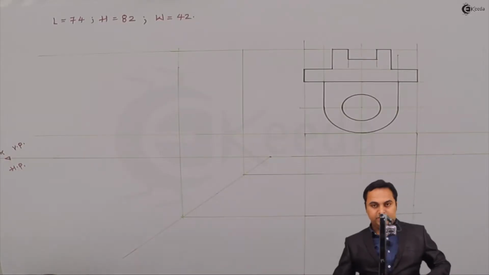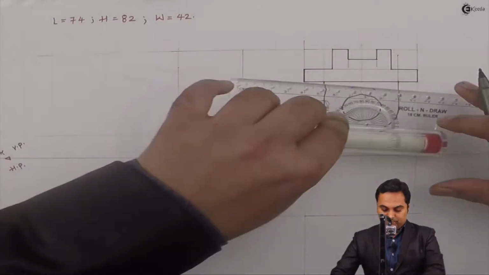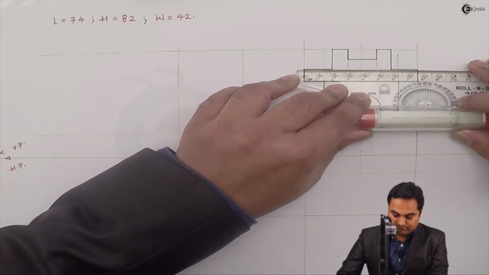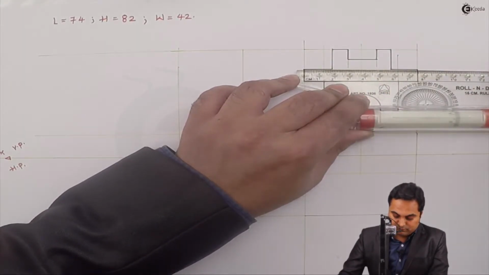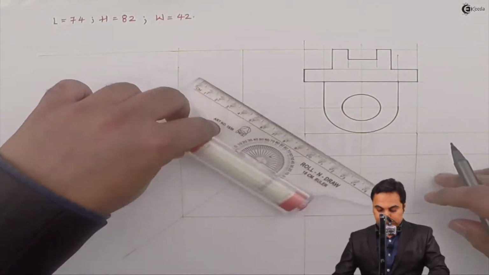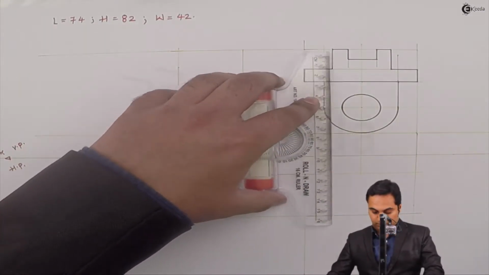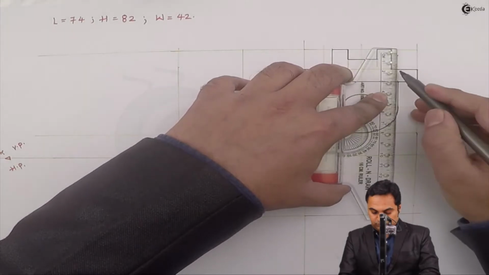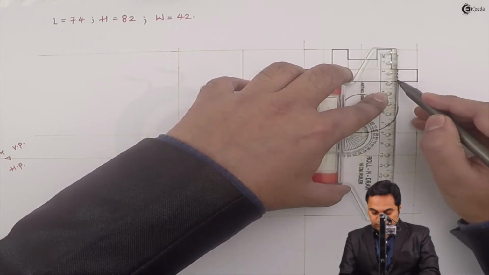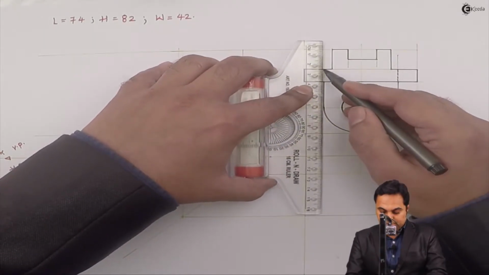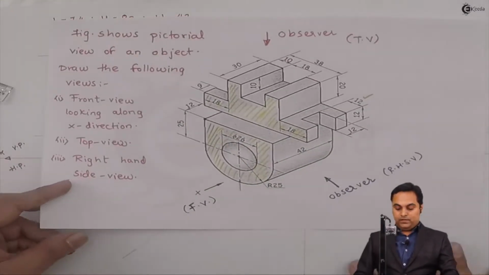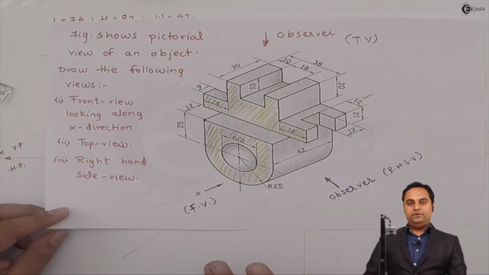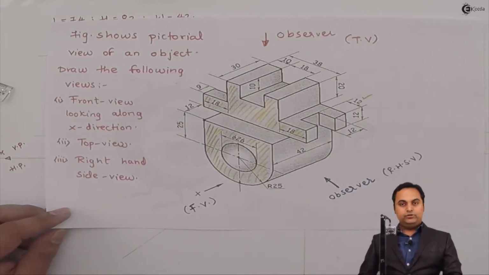So here I'll take 12 mm from both the sides. These are the hidden lines. Next, here I can see that the front view is completed. Then I'll be going on to the top view.